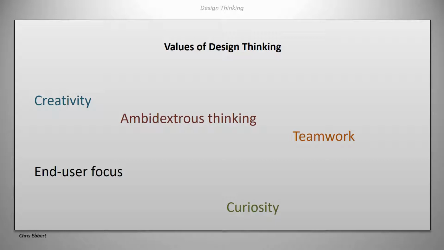You need to be able to think ambidextrously, which means you use your left brain half and your right brain half equally. So you're going to be as artistic as you are rational. You need to have the whole team on board. You need to be curious, and you always need to keep in mind where it's going to end up, where you want it to end up, who is the end user.